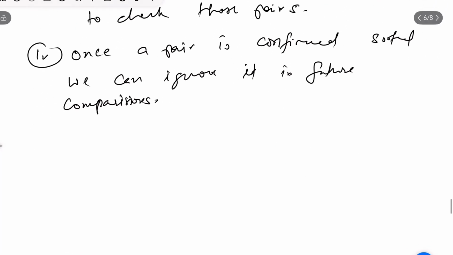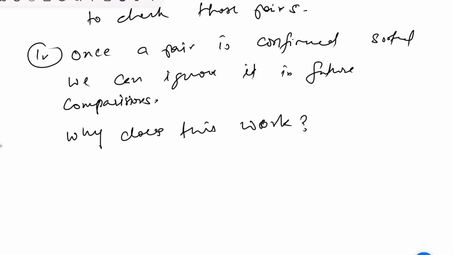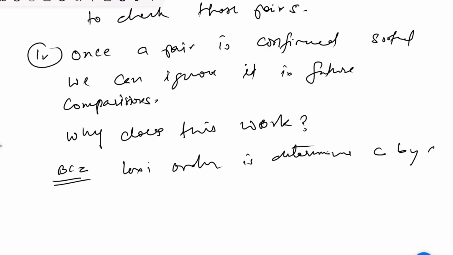Now we'll say, why does this work? Okay, so very first think that because the lexicographic order is determined, how? Column by column.